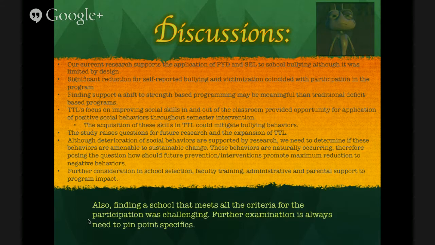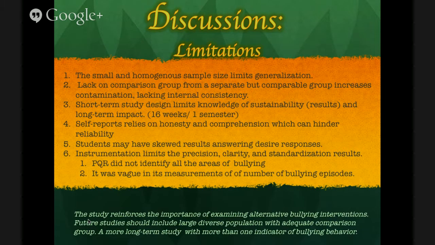Further consideration includes school selection, faculty training, administrative and parental support to these programs' impact. Also, finding a school that meets all the criteria for the participation was very challenging. So further examination is always needed to pinpoint specifics.